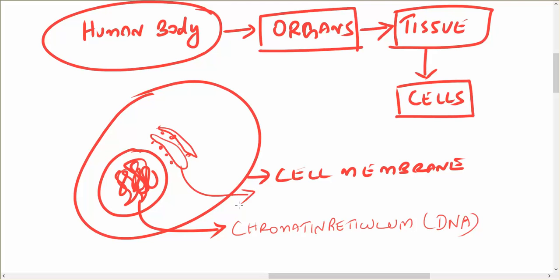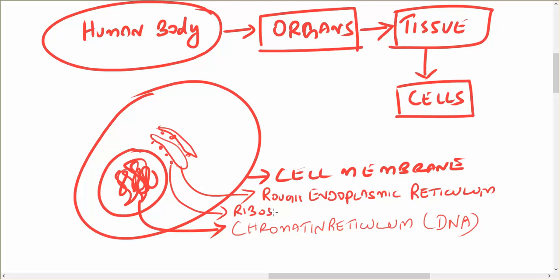It is called rough endoplasmic reticulum, and the small dotted structures are ribosomes, which contain RNA.